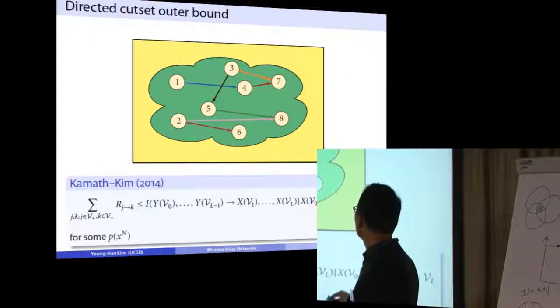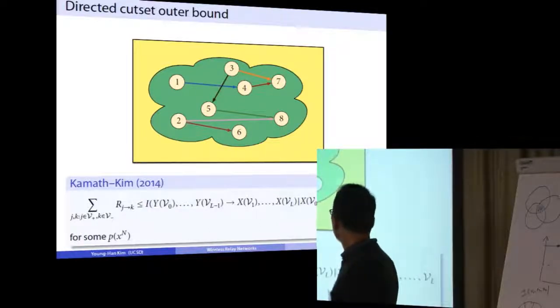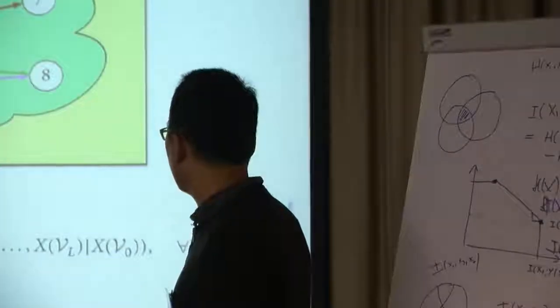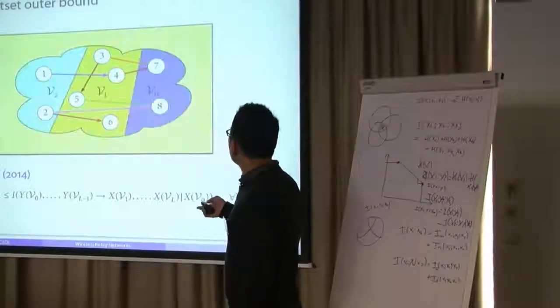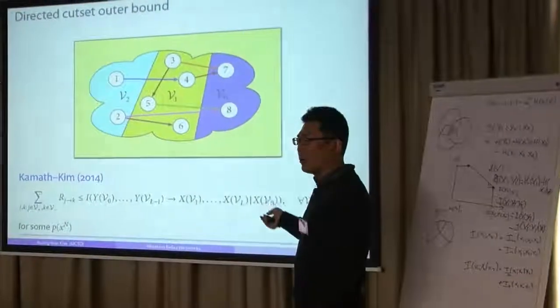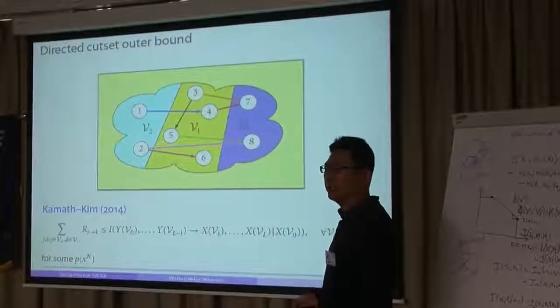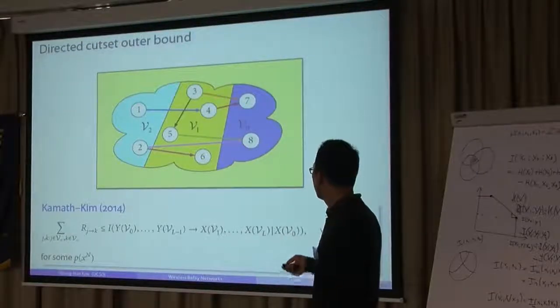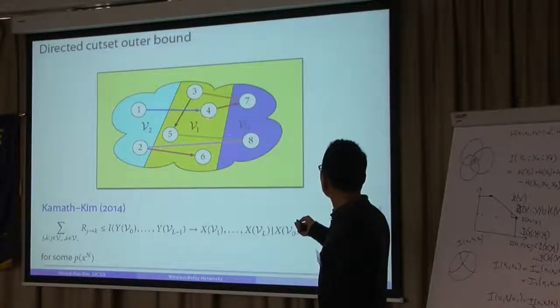And here is the so-called directed cut-set outer bound on the capacity. Let me first state the bound. This is work with Sudeep Kamath and myself. Here, instead of bipartitioning the network, we are going to partition the network into multiple pieces, and assign numbers to these subsets.